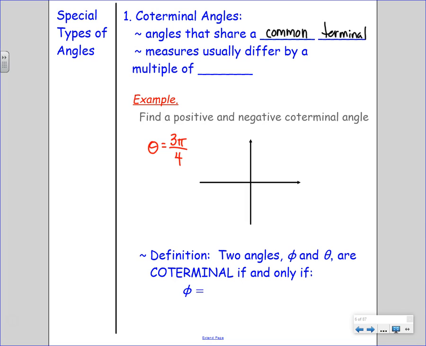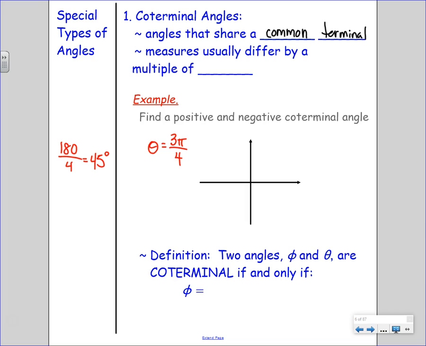A lot of you guys figured out this is in the second quadrant. Can anybody figure out what the degree measure would be in the second quadrant if it's over 4? What kinds of angles do we say were over 4? 135. Yeah, because we can take 180 and say, okay, we're cutting 180 into fourths. They're 45s, but how many 45s do you have? 3.